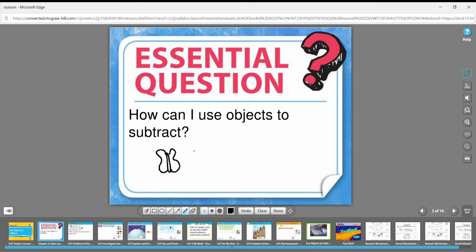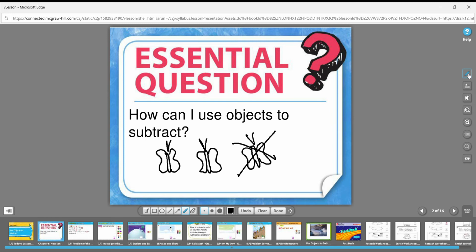3 butterflies. Let's see, I'm making butterflies. 3 butterflies landed on a bush. 1 butterfly flew away. How many butterflies are still on the bush?